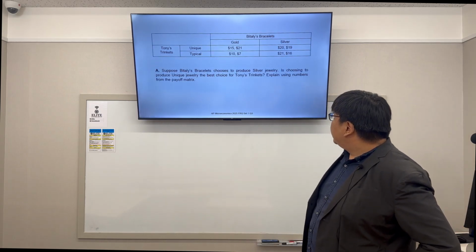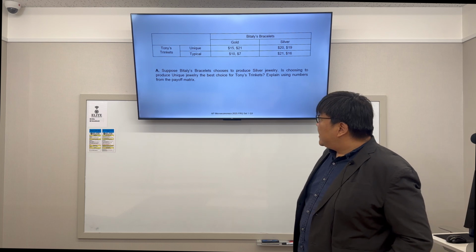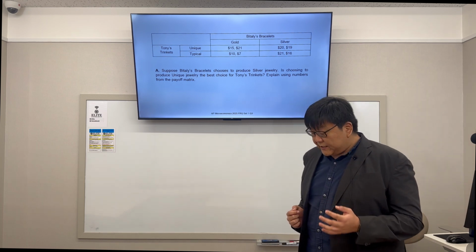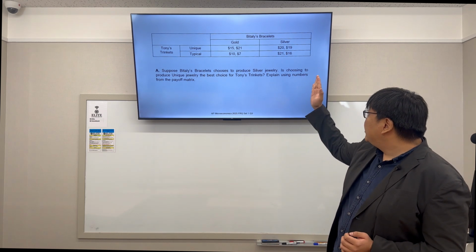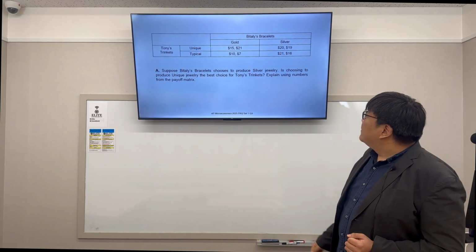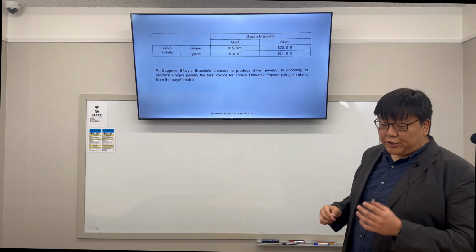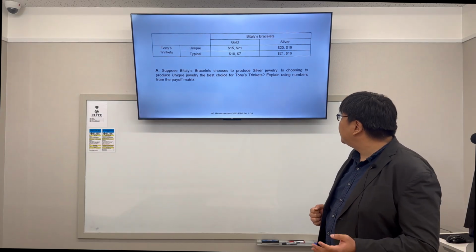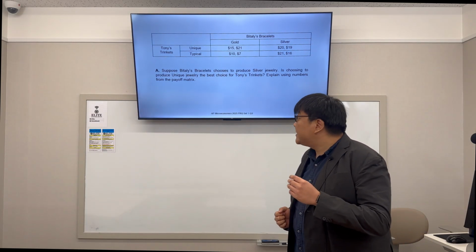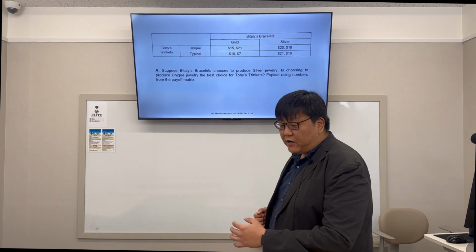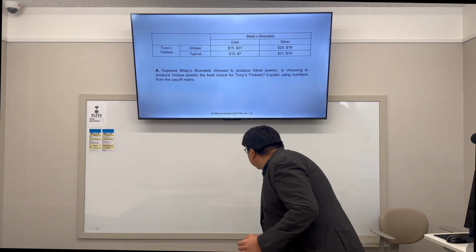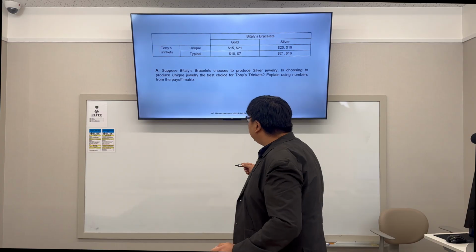The first question is: Beetle Bracelets chooses to produce silver jewelry, and Tony's Trinklets is choosing to produce unique jewelry. Is that the best choice? We are going to explain it using the numbers from the payoff matrix. Let me reproduce this payoff matrix.